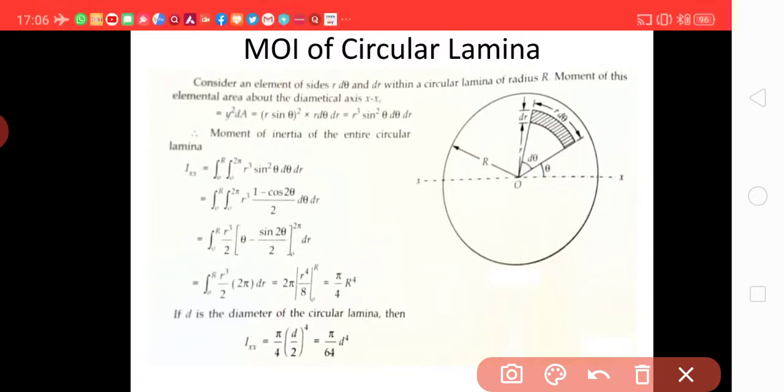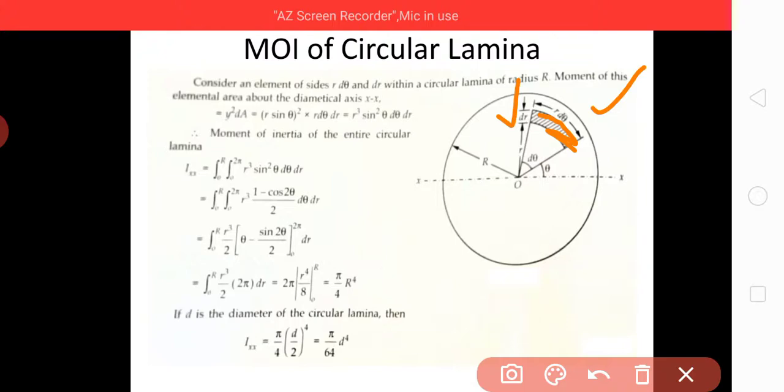Here consider the element of side r d theta and dr. Here we have considered this lamina whose one side is r d theta and the thickness is dr. This is at distance r from the x-axis.